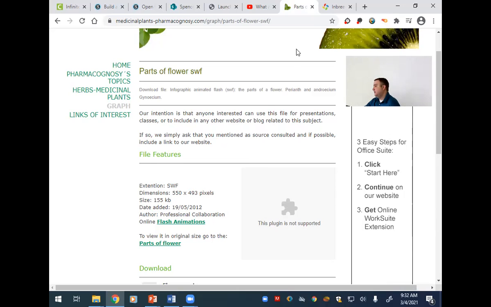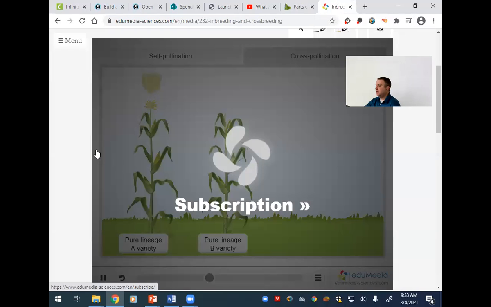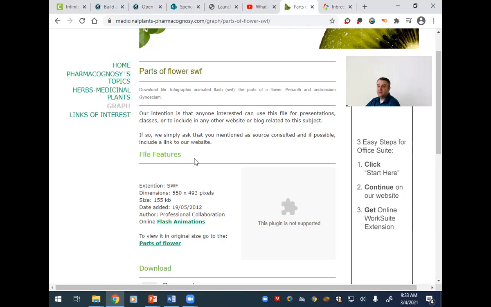So then trying to find other things that worked, we would go to sites like Gizmos and EDU Media, but all of those sites are subscription sites, as you can see here. So to have an interactive where students could do stuff online doesn't exist that much anymore, because people have not really transitioned into something new. In December of 2020 and January of 2021, Adobe Flash discontinued all of their existence and it doesn't work anymore.